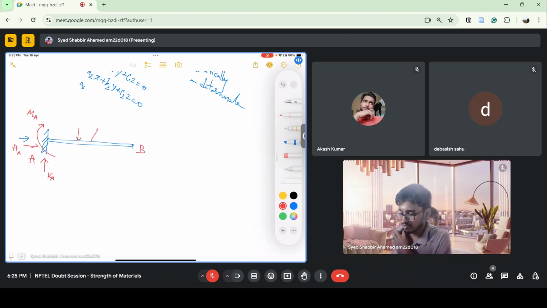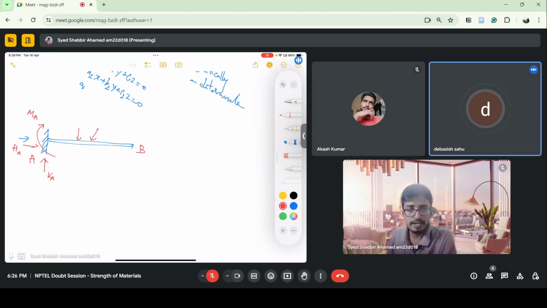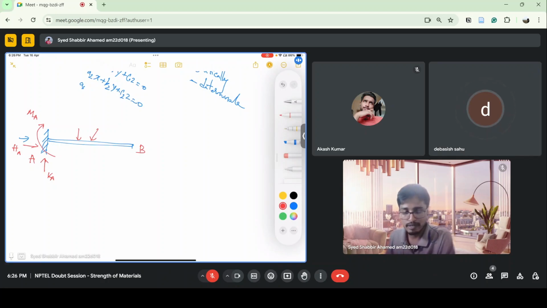So there are three unknowns, and also there is some load. Because this is a 2D structure, we have three equilibrium equations, so again I can solve for HA, VA, and MA. A simple cantilever beam is also a statically determinate beam.